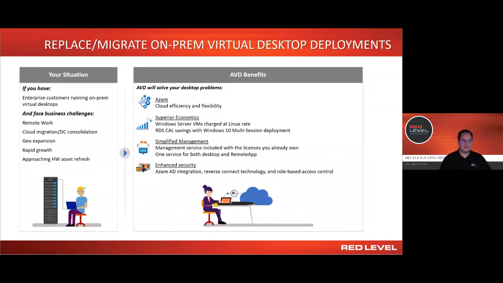So going back to the case study, we were talking about remote work, geo expansion, rapid growth, and then hardware asset refreshes. So both People 2.0 and Man's Lumber had similar kinds of situations going on, especially with hardware needs and remote workforce. So this is a great solution for that, because they're not having to expose their internal applications to the internet.